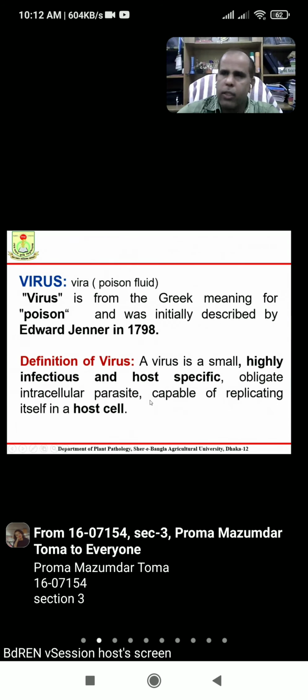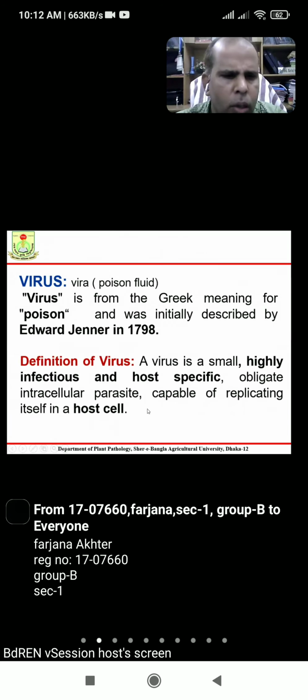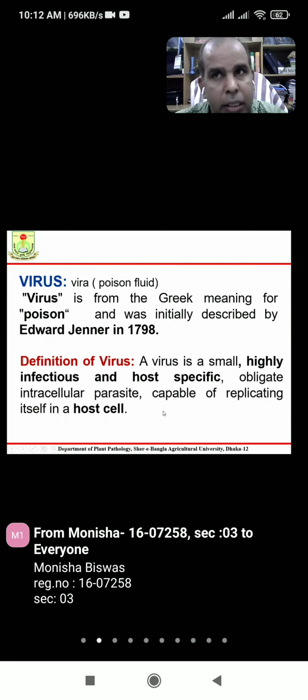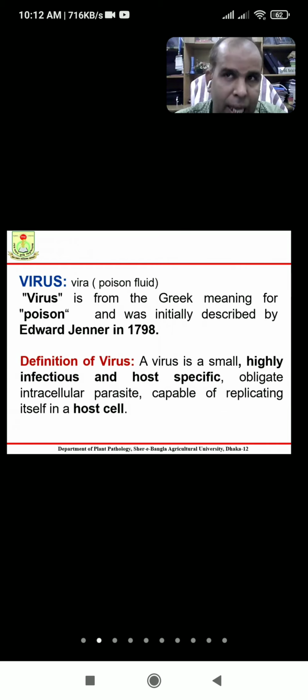Obligate intracellular parasite. I mean, without a living cell, a virus cannot survive. That is why it is called an obligate intracellular parasite. Intracellular means that whenever it attacks one cell, the neighboring cells are also infected. That system is parasitism.